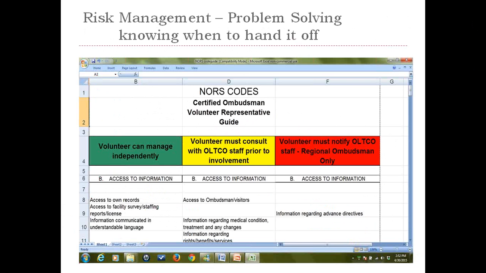If Mrs. Smith states that the reason her son can't visit is because they can't literally get into the facility, the facility is locked at 7:30 because it's an inner city facility and they're concerned with security and safety, we give the volunteer the go-ahead. Once they call into the office, we say, you're more than capable to handle that. Here are some suggestions. Maybe they could put a wireless doorbell on the door. They could install an intercom system, or at a minimum, a phone number so the person standing outside the door could call from their cell phone.